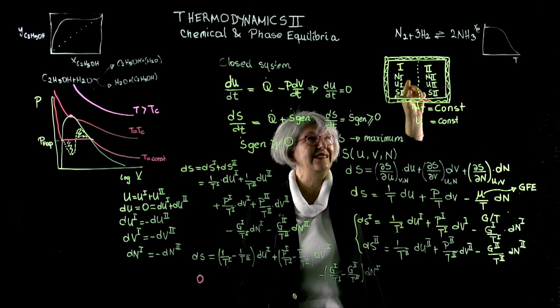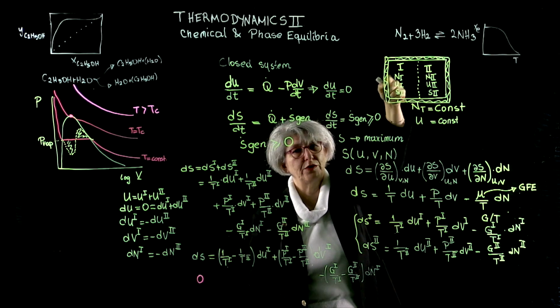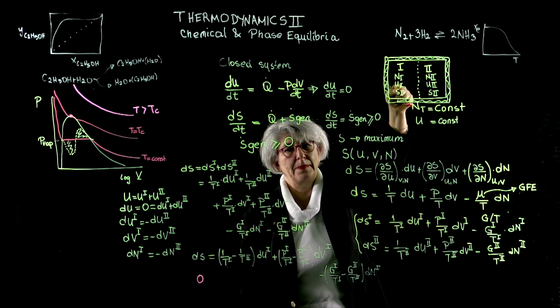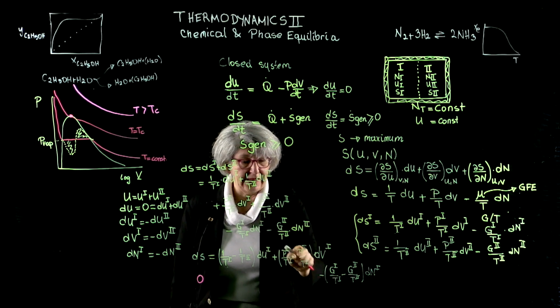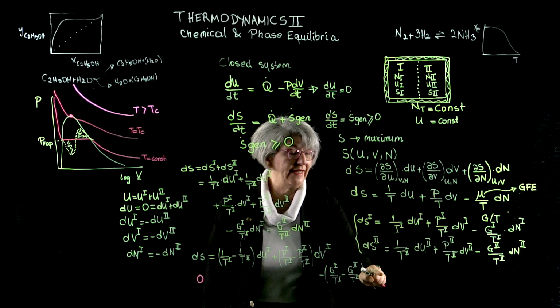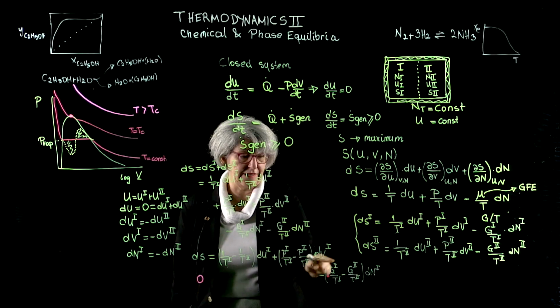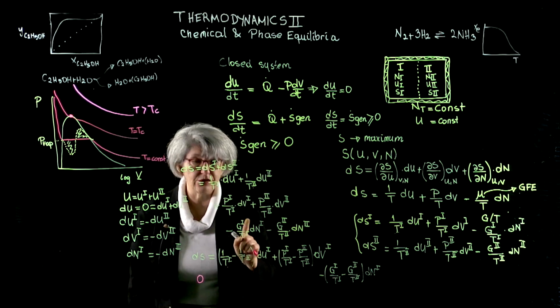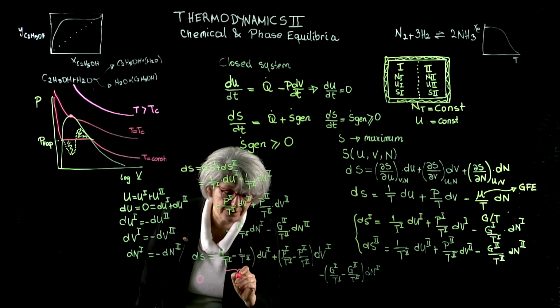It is that the number of molecules crossing this boundary is equal to the number of molecules crossing that boundary. So, since we are looking at only the first domain, we cannot say that these terms are 0. They are non-zero. The only terms that can be 0 are these terms.